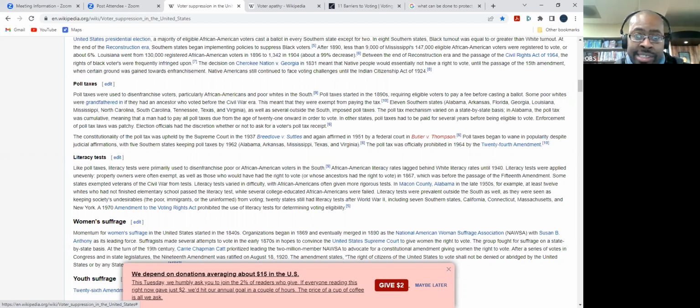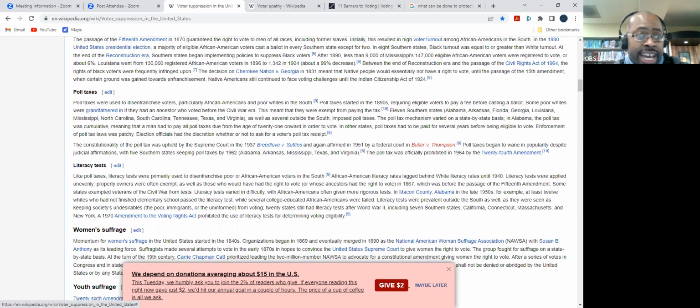And that occurred until 1940. It started in 1867 and it ended around the 50s or 60s. Okay, and the amendment to the Voting Rights Act was implemented in 1970, which prohibited use of literacy tests to determine voters' eligibility.